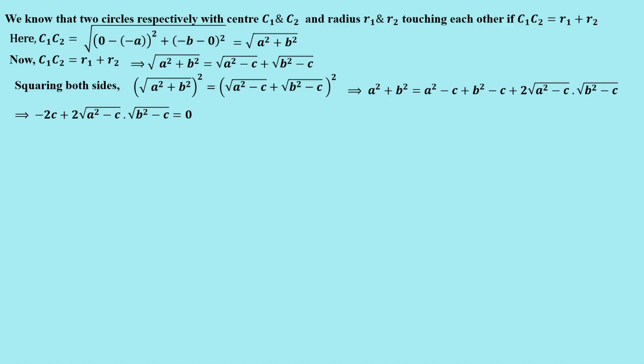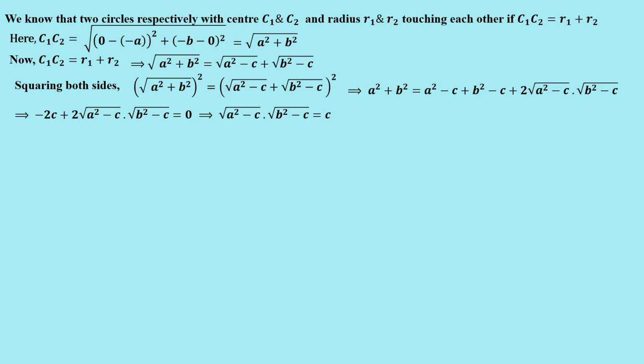So remaining −2c + 2 root of (a² − c)(b² − c) = 0. So 2 is common, you can cancel these 2 also, right? So remaining −c + root of (a² − c)(b² − c) = 0.